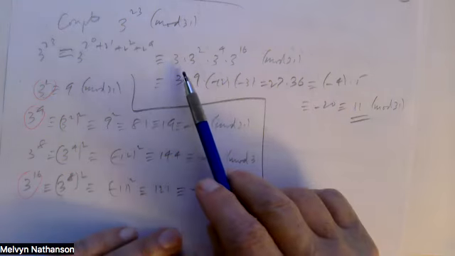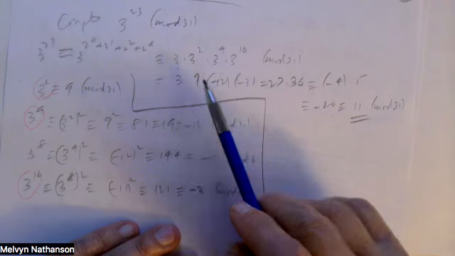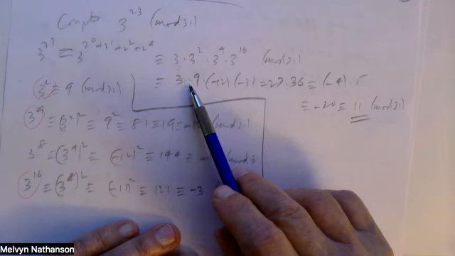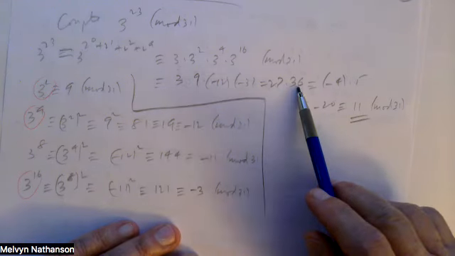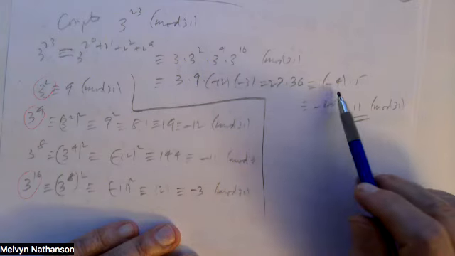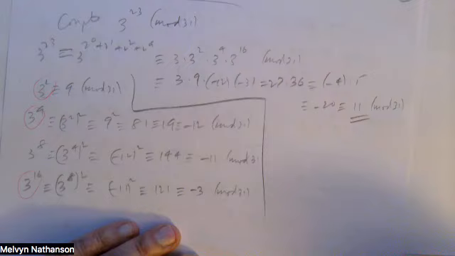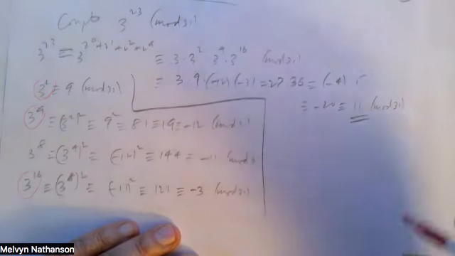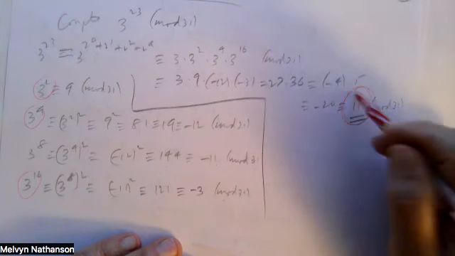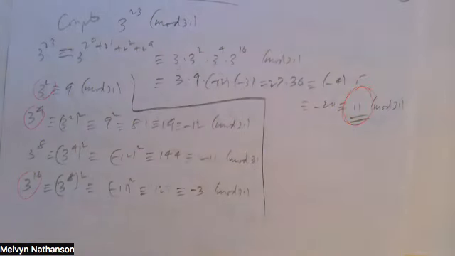So what I'm multiplying here are the numbers 3, 9, minus 12, and minus 3. 27 times 36. 27 is minus 4, 36 is 5. This is minus 20, which is 11. So using this fast binary trick, 11 is the congruence class of 3 to the 23 modulo 31. And that, lo and behold, is the whole exam. So we're done.